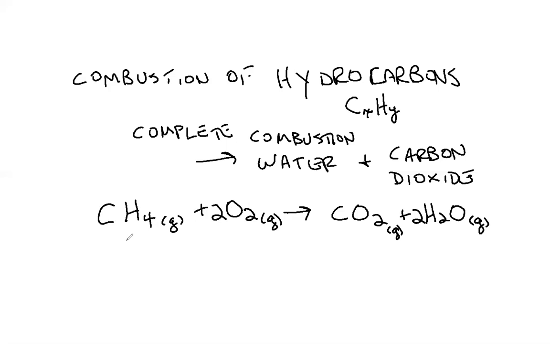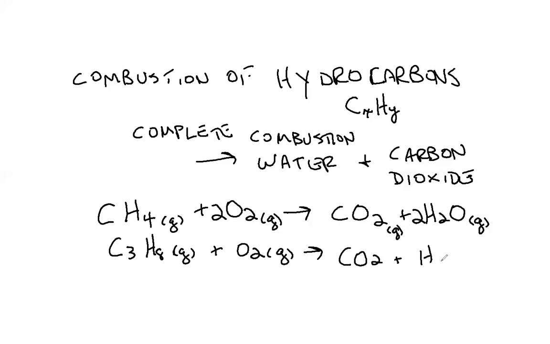All right, let's look at another one of these. We have C3H8 gas. So the first one was methane, this is propane, and we spark that in an oxygen environment, and we have complete combustion. We're going to get CO2 plus H2O.